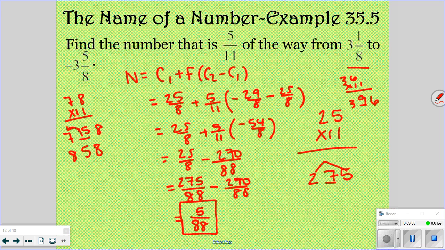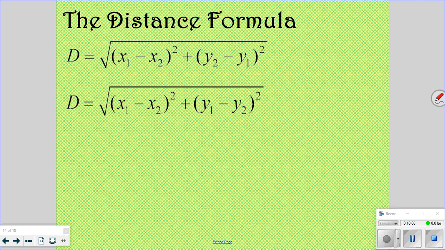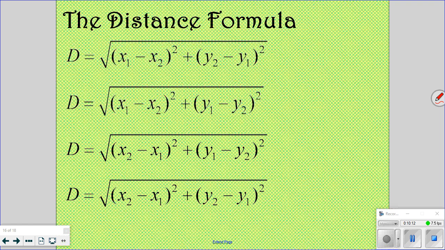Okay, so now we're going to look at our distance formula. You've probably seen the distance formula. You may be looking at that going, wait a minute, I thought it was x2 minus x1. Well, that would also work, or that one, or that one. Technically, there are 4 forms for the distance formula.